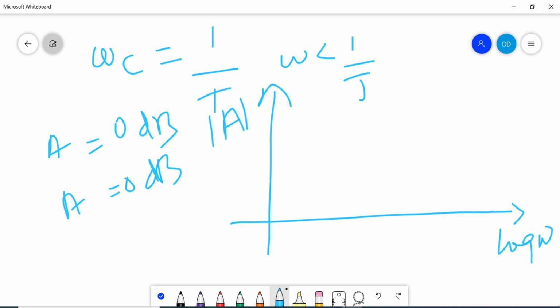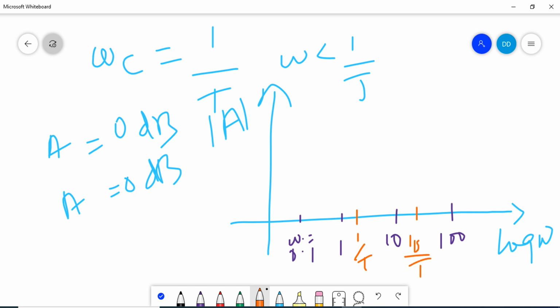We will mark the omega. This is omega 0.1. This is 1. This is 10. This is 100. So our 1 by t comes somewhere here, and 10 by t is here.